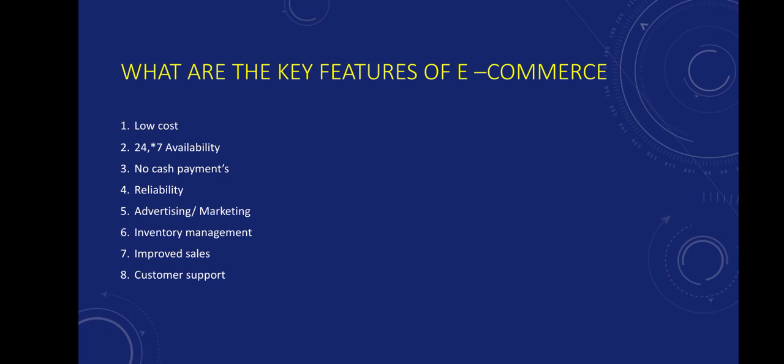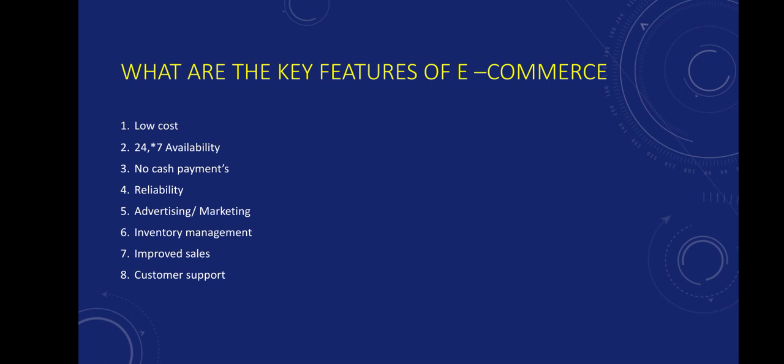Next, improved sales compared to other or offline markets. E-commerce can sell products on a large scale, worldwide. That's why it can easily improve sales for e-commerce. Next, customer support. The customer is reliable for e-commerce, and e-commerce is also reliable for customers.